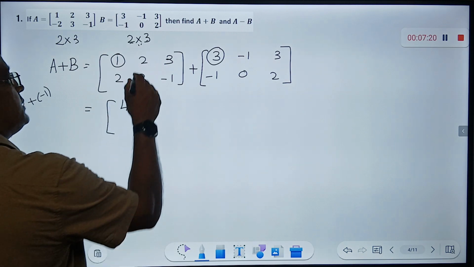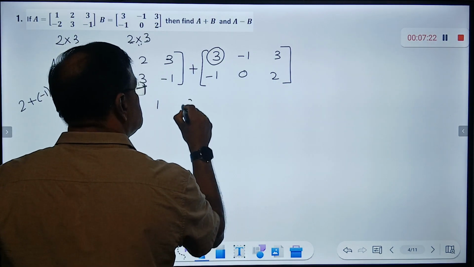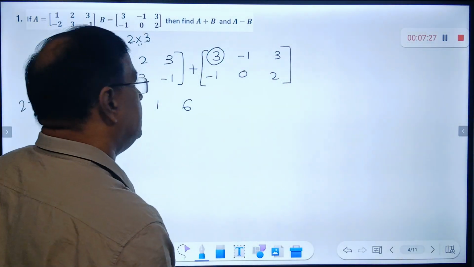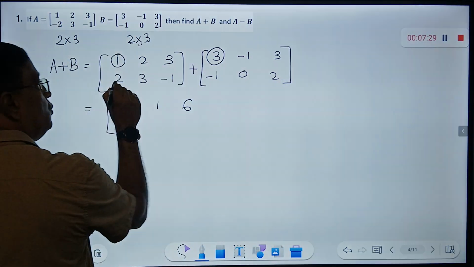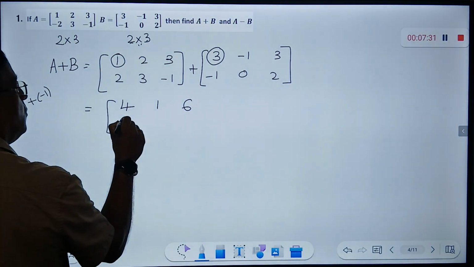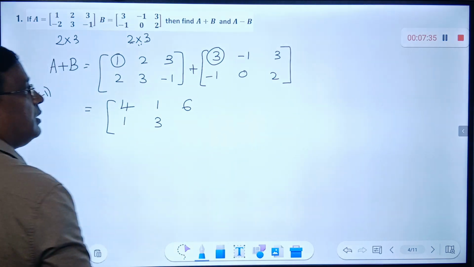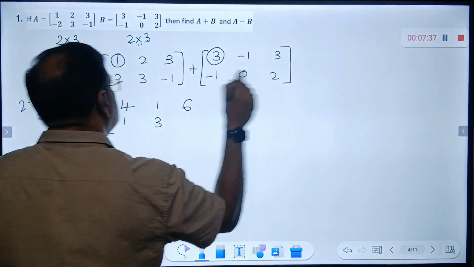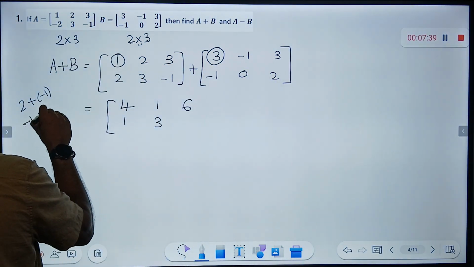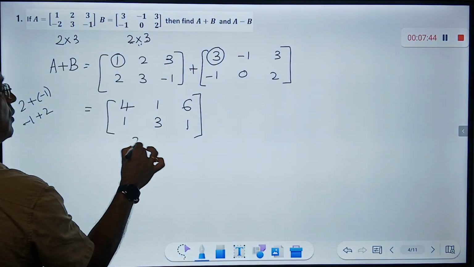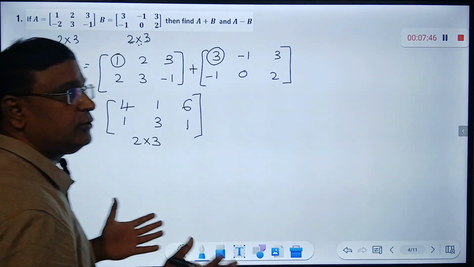Now what is the next element? 3 plus 3, 6. Corresponding elements are added. What's the next one? 2 plus minus 1, 1. 3 plus 0, 3. Minus 1 plus 2 is 1. So this is my A plus B. And what is the order? 2 by 3.